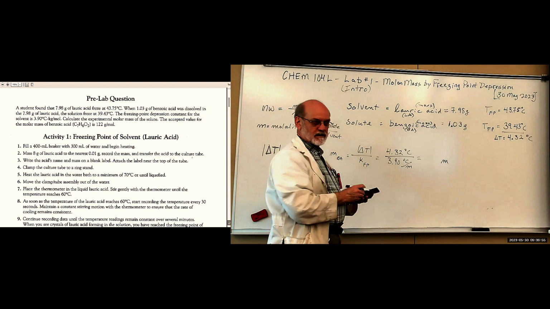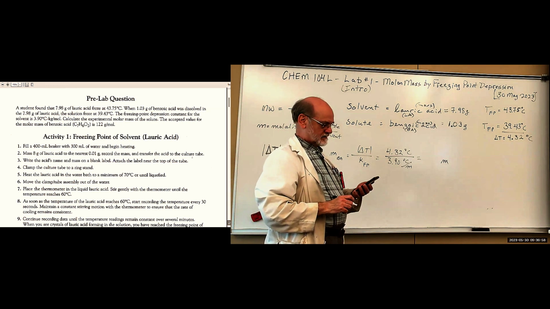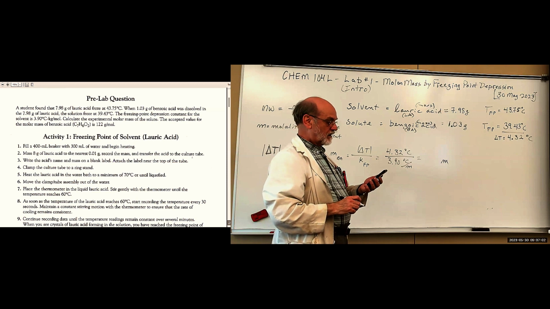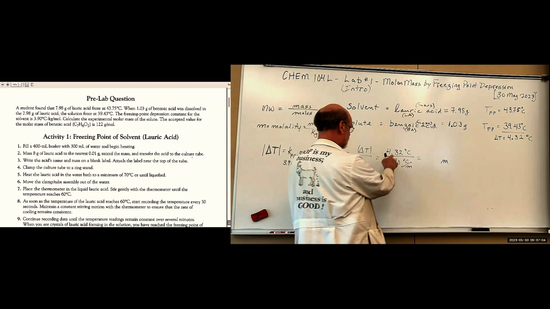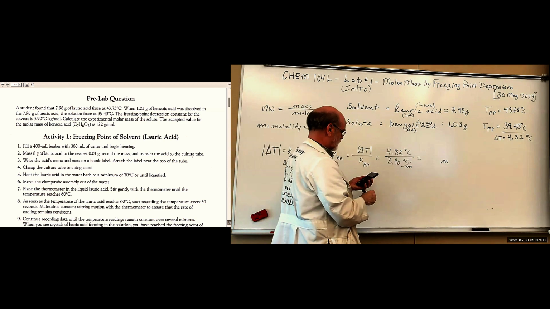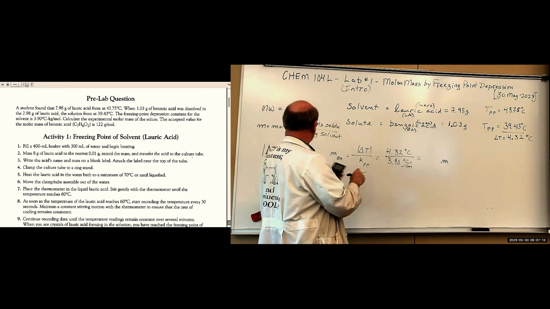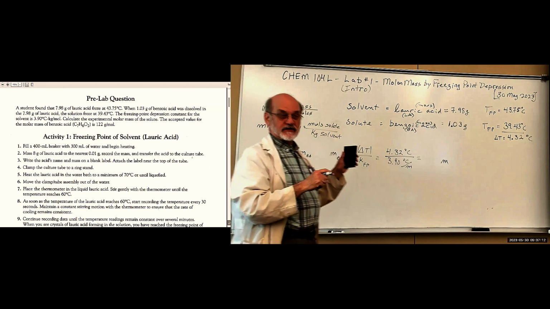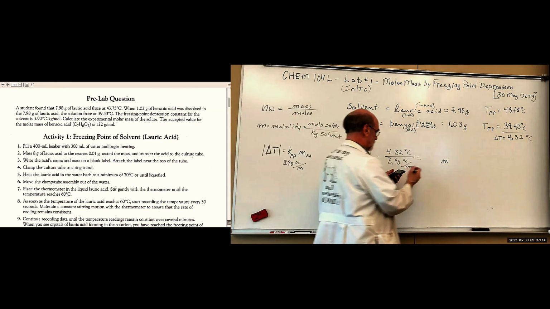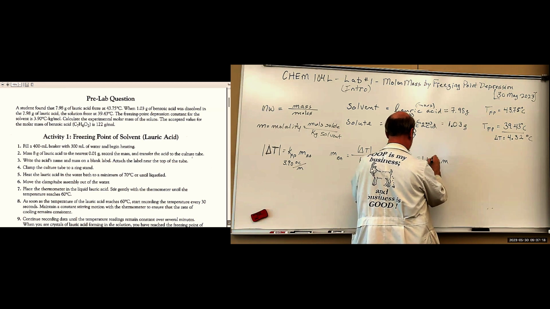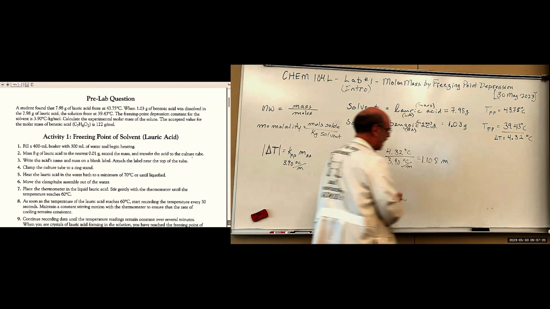All right. What you got? 1.108. Okay, let's see. 3 significant figures, 1.11 actually. I'll tell you what. We're going to do another calculation, so let's keep some extra decimals. 1.108 molal.